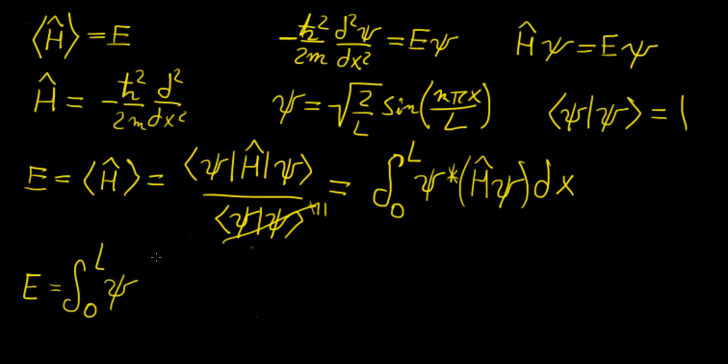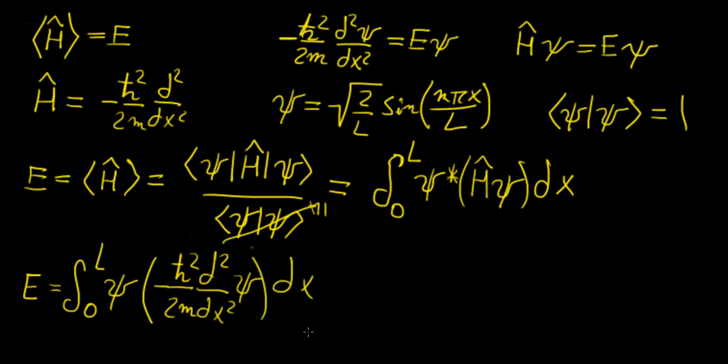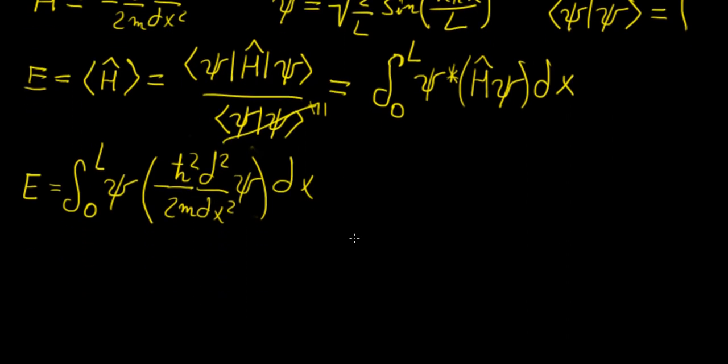and now here we're going to have the Hamiltonian operator, so we're going to have this quantity over here acting on the wave function. So d squared over dx squared acting on psi times dx. Now what I would like to do is take this function and solve for it before we integrate. So let's take this out of the equation.